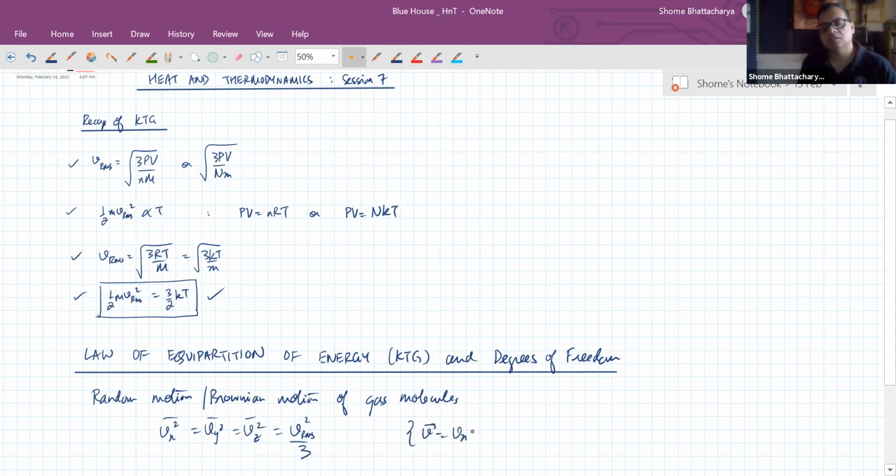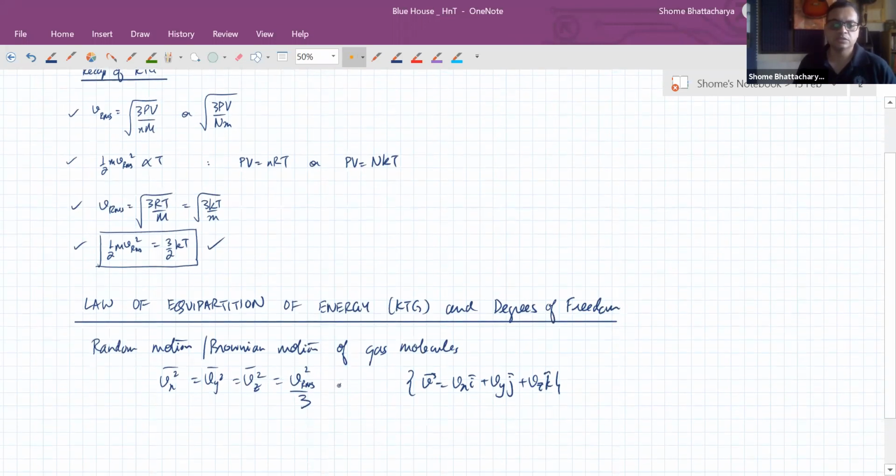If the gas molecules have in general got a 3-dimensional type of velocity, then square the components and average them out. So Vx squares average will be equal to Vy squares average will be equal to Vz squares average because of the equal probabilistic distribution in terms of direction of motion. Equally probable that it is moving along the x, y, or z axis or any other axis. So from that we got this relation here.